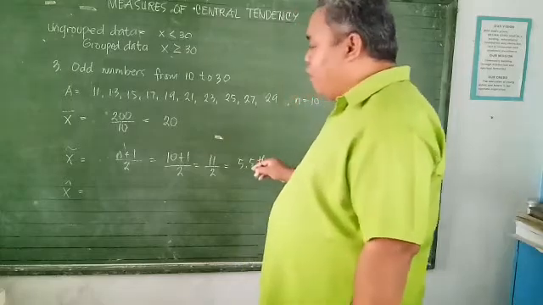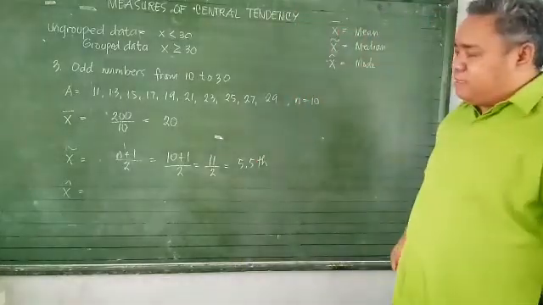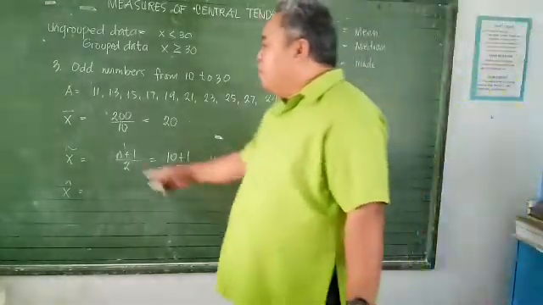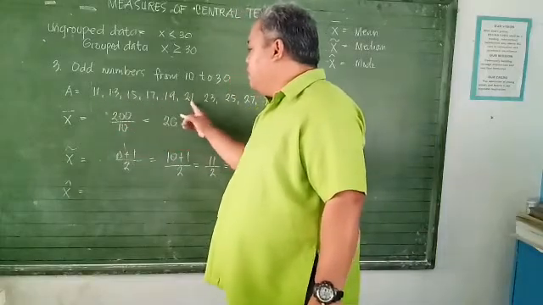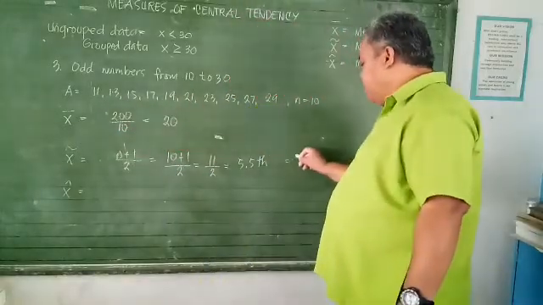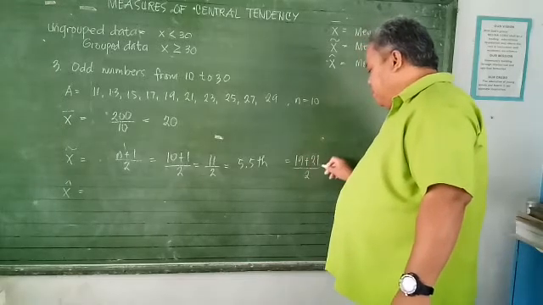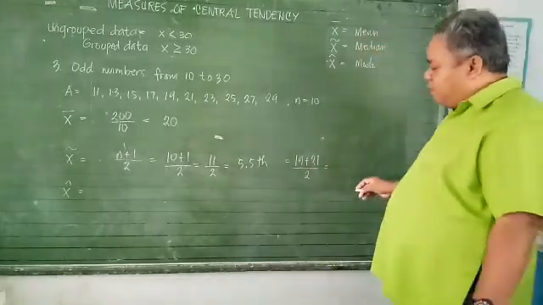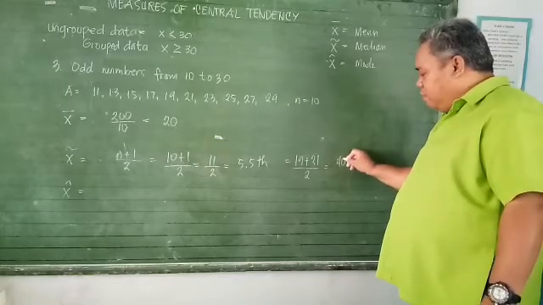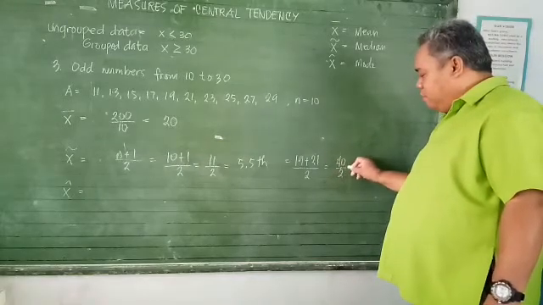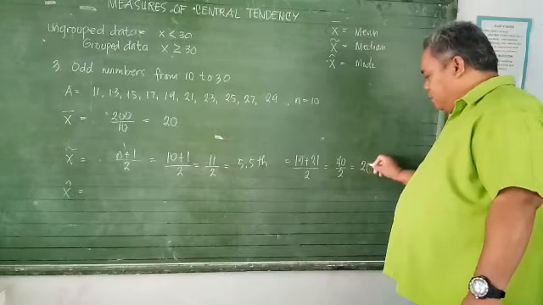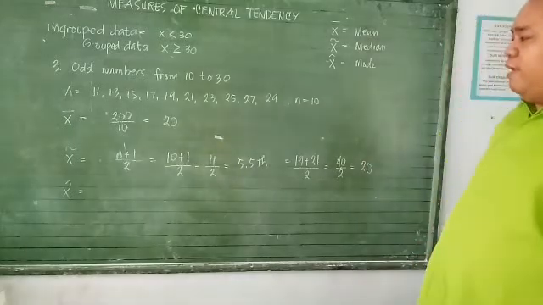Ibig sabihin, we're going to find elements 5 and 6 and add them. So 1, 2, 3, 4, 5, 6. That's 19 plus 21 divided by 2. It will give you 40, 40 divided by 2. So that is 20. So 20 will be your median.